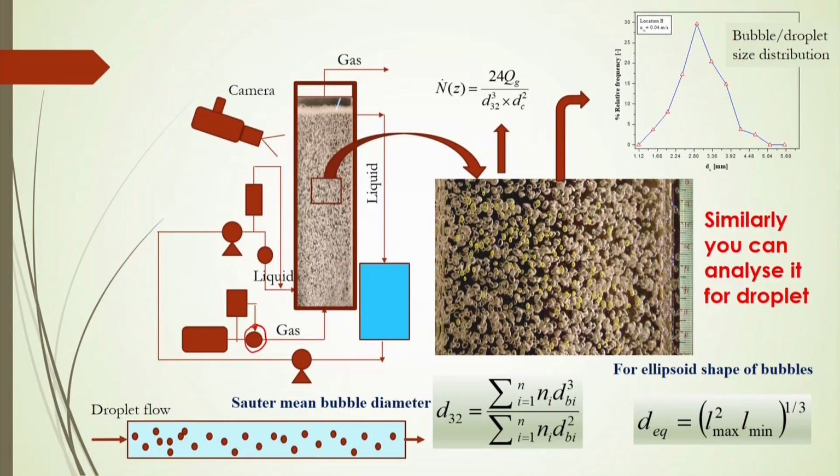And other characteristics, like what would be the frictional pressure drop, we have already discussed, and how to estimate the frictional pressure drop, that you can measure by a manometer or some other sophisticated instrument. After getting that pressure drop, you can apply this process at that particular pressure drop.